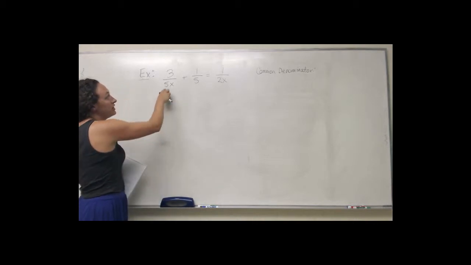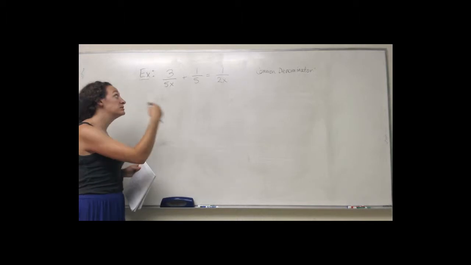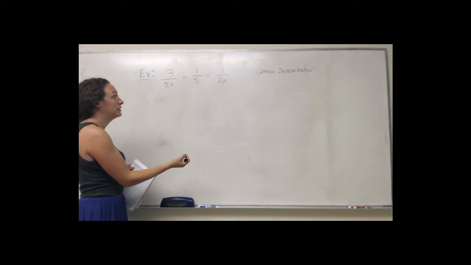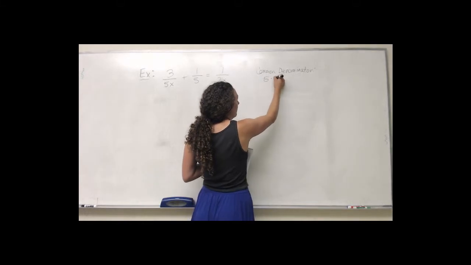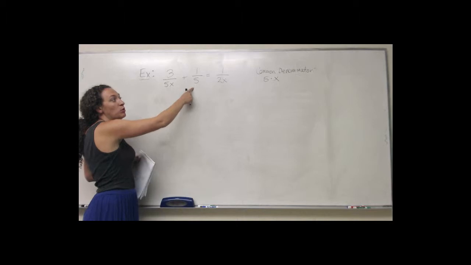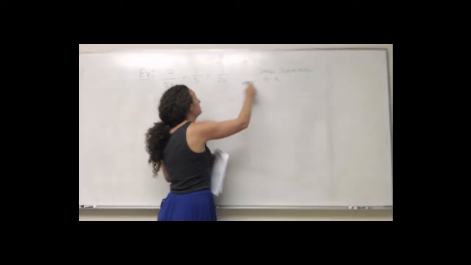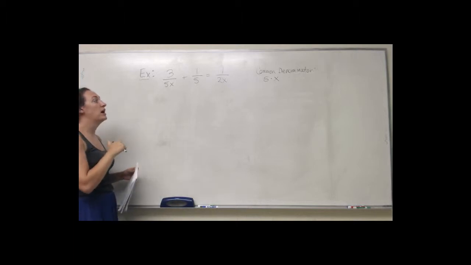So here, 5x factors into 5, which is prime, times x, which is a simple linear expression. So we're going to have 5, and we're going to have x. Here we've got 5. Well, we've already got 5 in our denominator, so we don't need to put another 5 there. We'll just multiply this one by x.